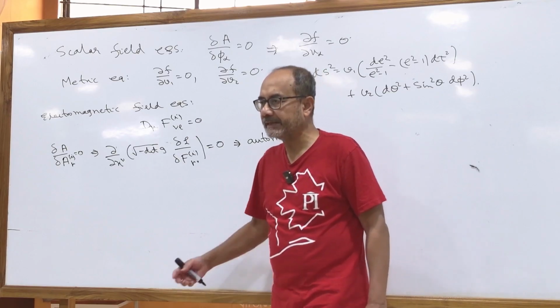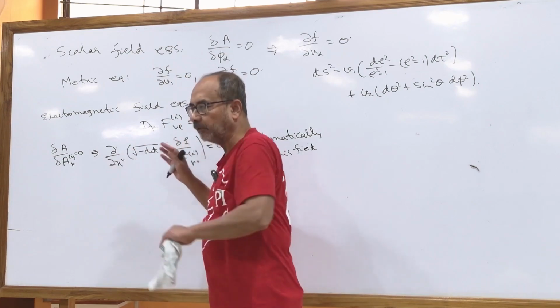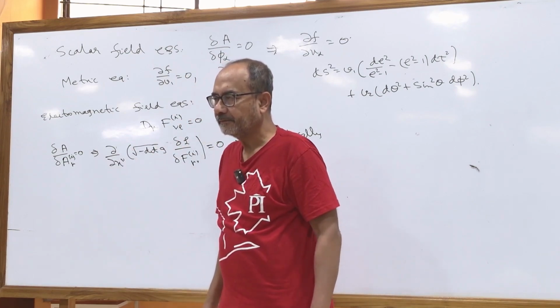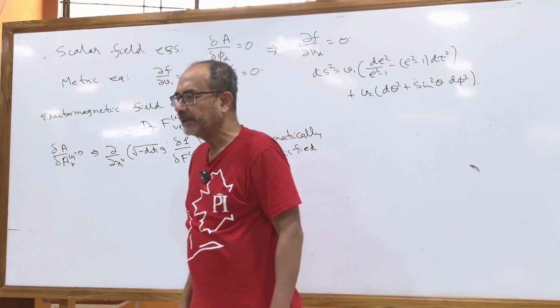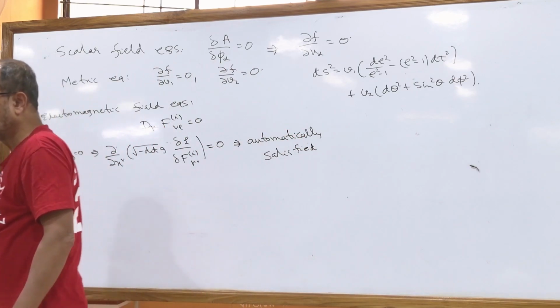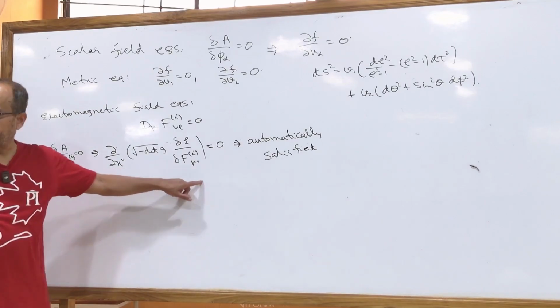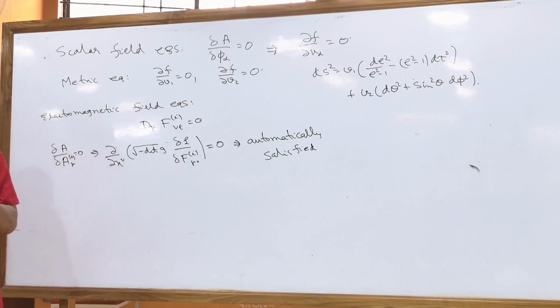So, the whole thing, let's count the free indices. How many free indices does it have? One free index, right? Because the nu index is already contracted. So, one free index. So, it's a vector equation, right?